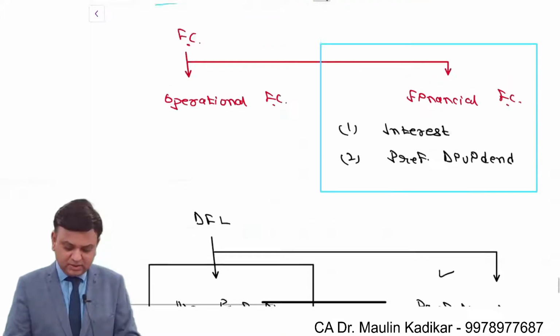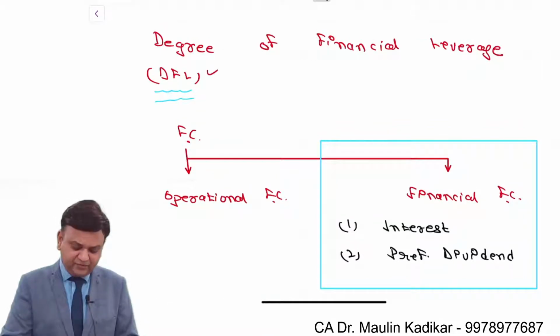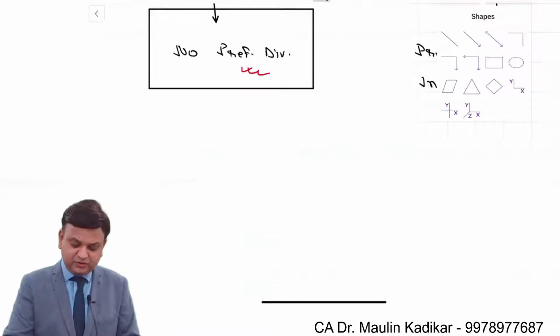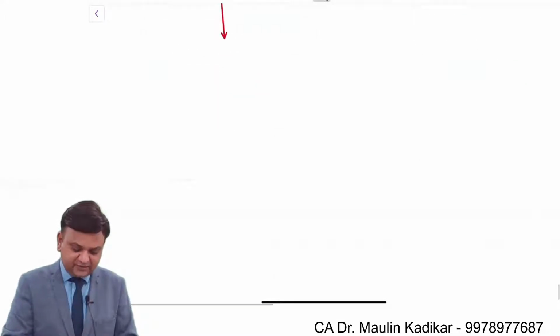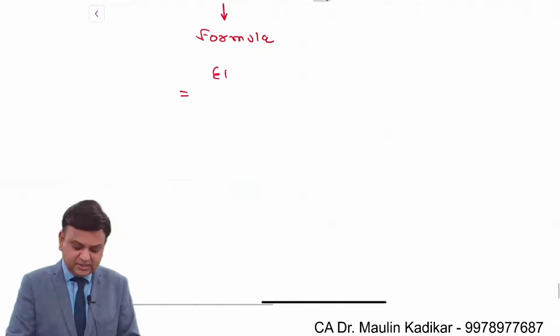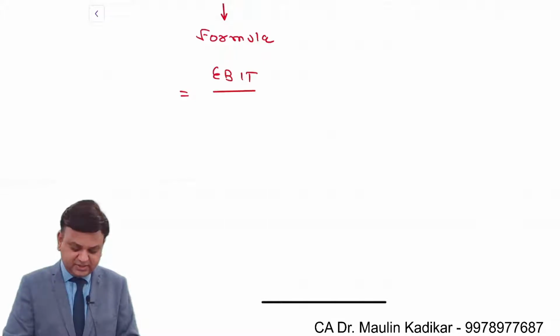So do not write anything, I am just explaining DFL when there is no preference dividend. There is a basic formula to calculate DFL if the preference dividend information is not given: earnings before interest and taxes upon earnings before taxes.